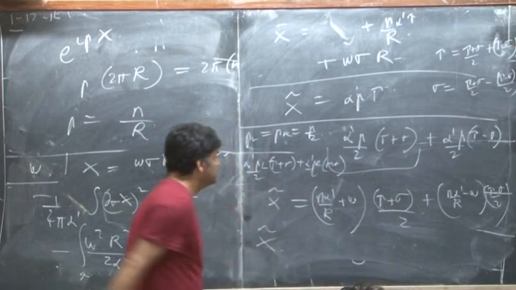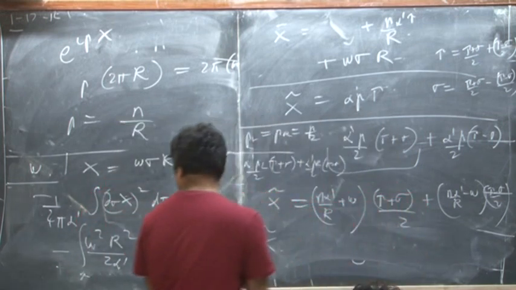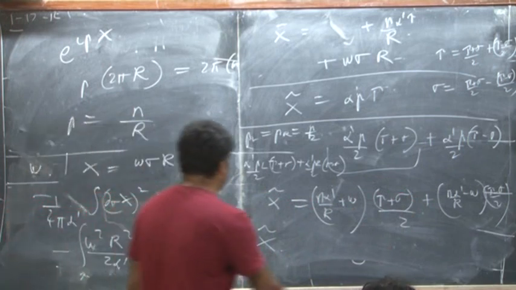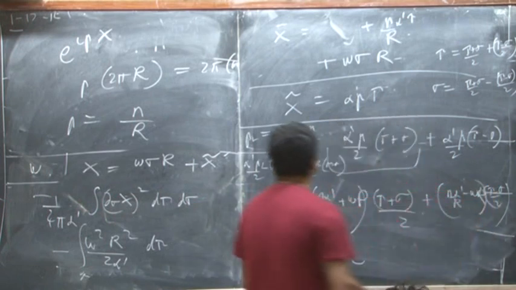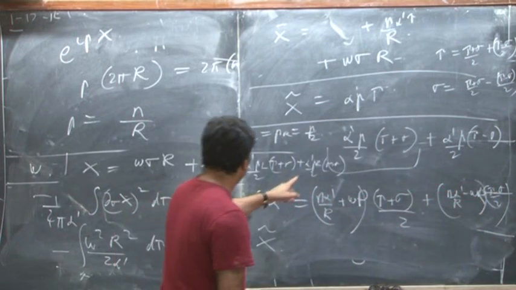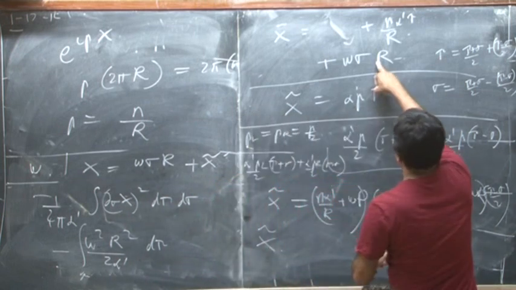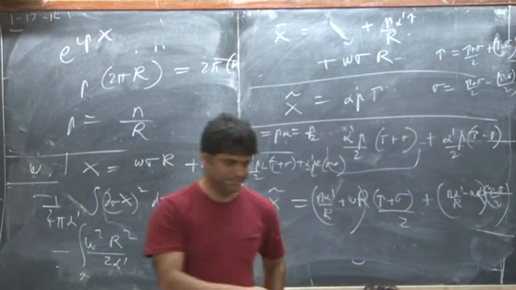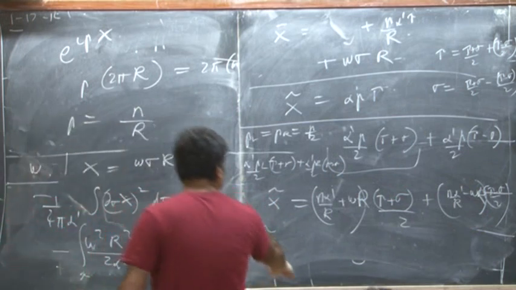You are using an R here, so it has omega R here: n by R plus omega R. You should have this duality R going to 1 over R. Thank you. Where did I first miss that R? I had it here.